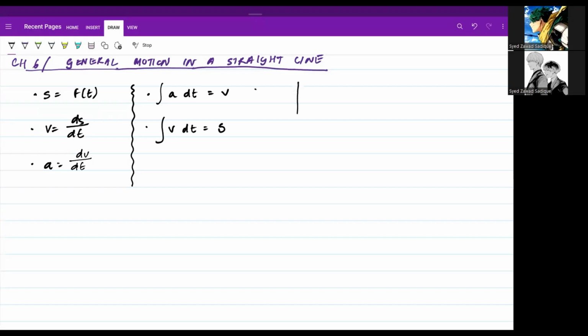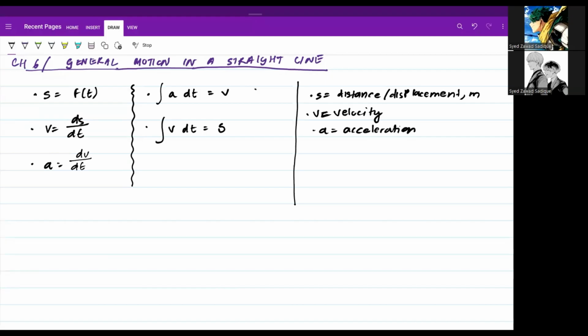So again, simply stating, S is equal to distance or displacement in meters. V is equal to velocity. A is equal to acceleration, and t is equal to time.